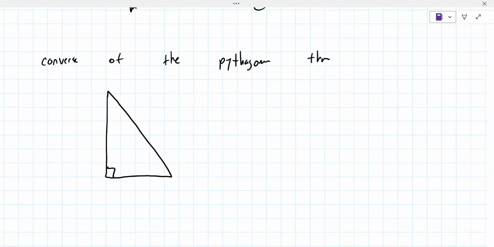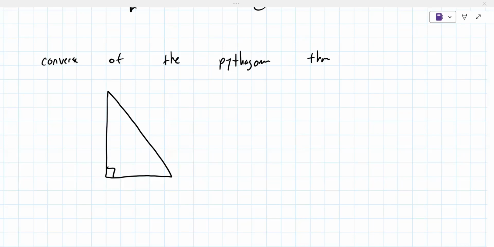It's been a while, but basically it's to find the hypotenuse or one of the legs. You'd use a squared plus b squared equals c squared to find either the hypotenuse or one of the legs.